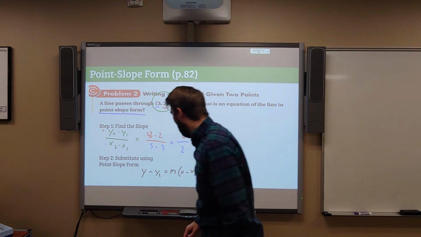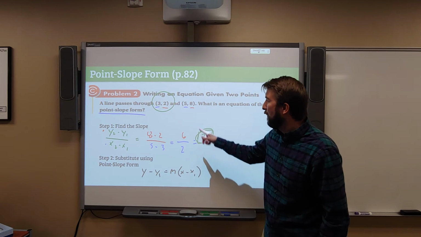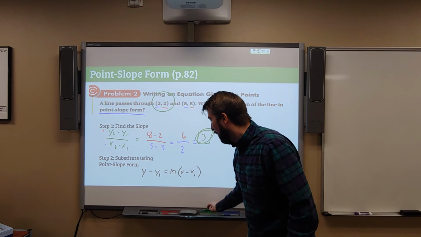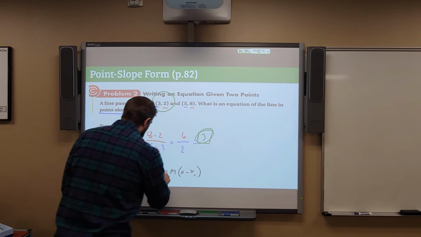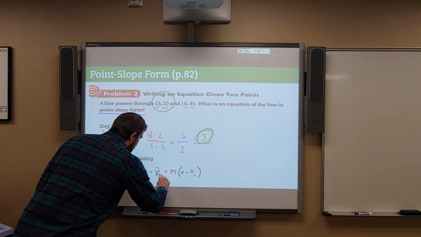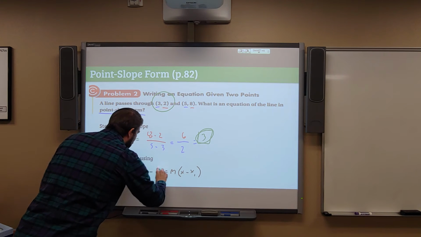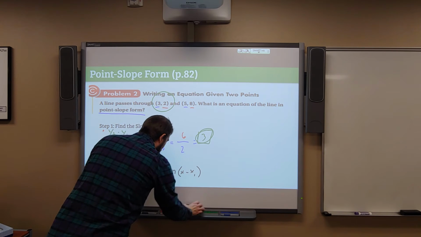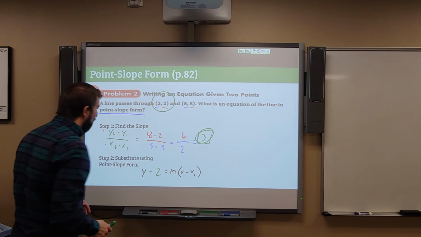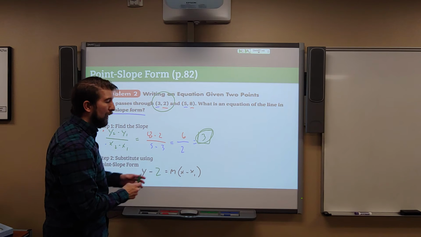So that's what I'm going to do. Where it says y1, I'm going to put a 2. I'm actually going to erase that. I'm going to put a 2. Oh, wrong one. Then, where it says x1, I'm going to put a positive 3.